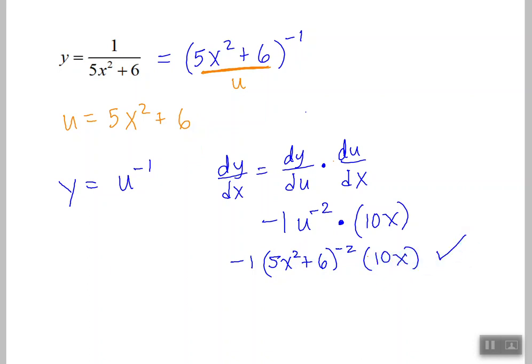This is an acceptable answer, but I would want to clean it up a bit. Negative 1 times 10x, those stay in the numerator, negative 10x, divided by this, because of the negative exponent, goes back down, 5x squared plus 6, but now the exponent is positive 2. A much cleaner answer.